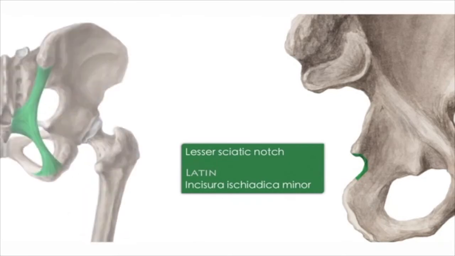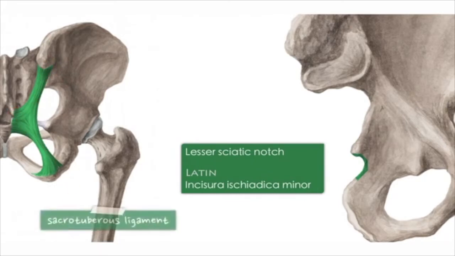Now, it also converts into a foramen once this large ligament is present, known as the sacrotuberous ligament. Also, the sacrospinous ligament, which is also present here, will help to convert this lesser sciatic notch into a foramen. Important thing to add as well.